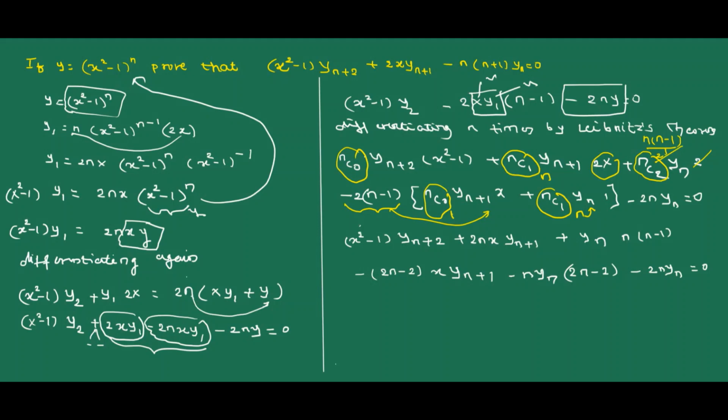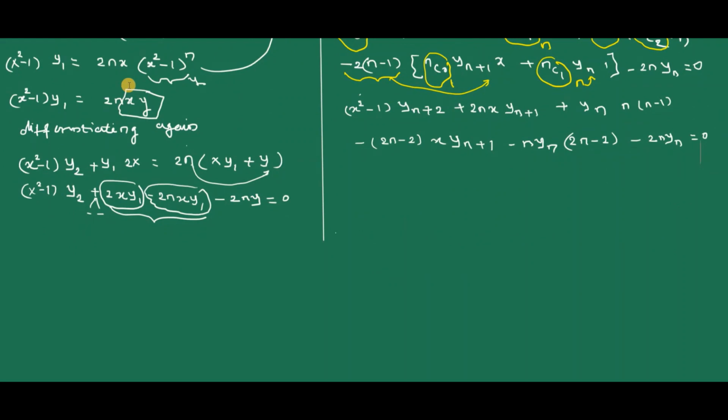Now collect the terms containing y_{n+2}. The term containing y_{n+2} is (x squared minus 1) y_{n+2}, plus. Now collect the terms containing y_{n+1}. This is 2nx y_{n+1}.